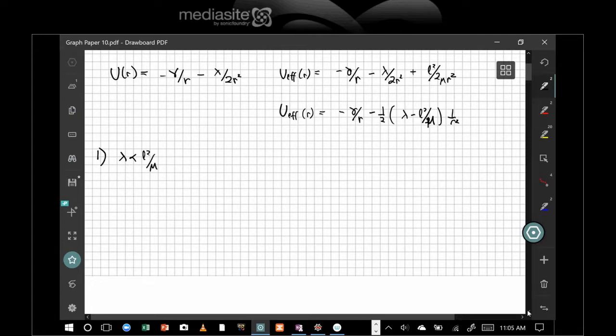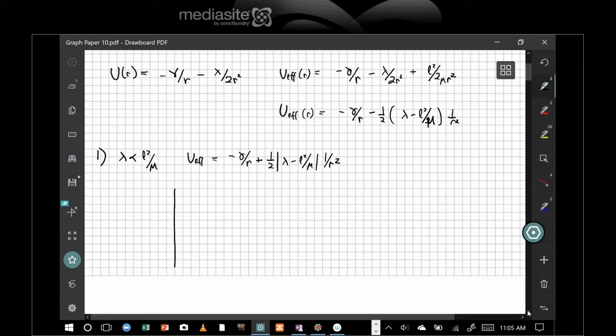That makes this thing here a negative number, which makes the whole thing a positive number. So U effective looks like that, and then I'm going to put here plus 1/2. I'm going to use the absolute value, so that gives me again a positive number.